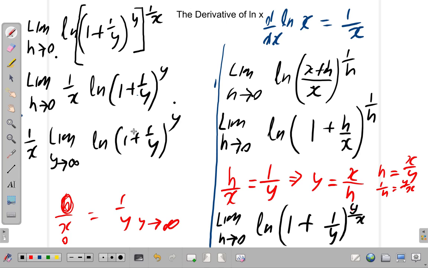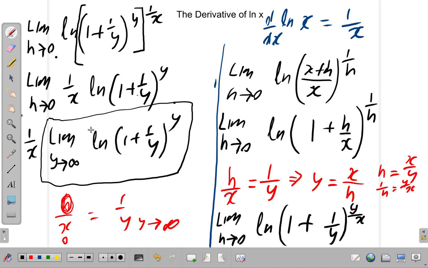Now, here, as y approaches infinity of ln 1 plus 1 over y to the power of y, all of this tells us that what we're looking at is what is called the Euler number, e. Alright?